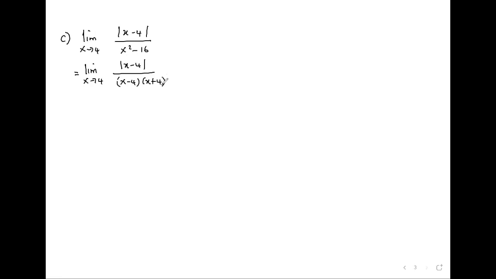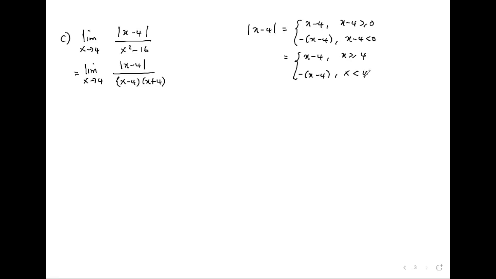We're doing this because we know that this one here has two definitions: x minus 4 when x minus 4 is greater or equal to 0, and minus x minus 4 when x minus 4 is less than 0. So this is happening around 4: x minus 4 when x is greater or equal to 4, and minus x minus 4 when x is less than 4.